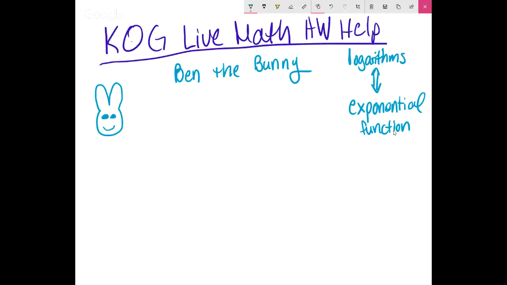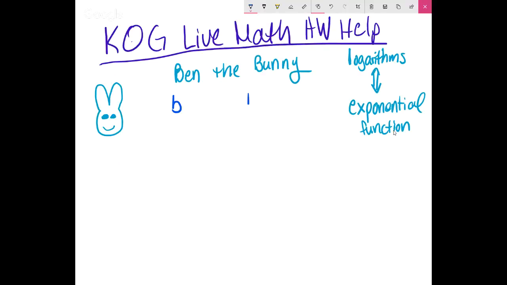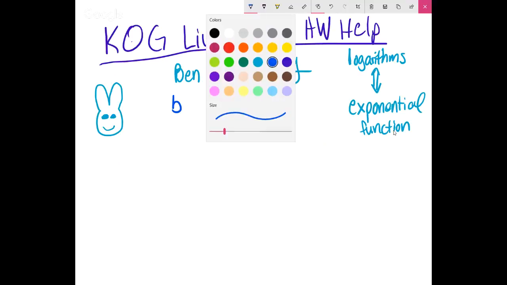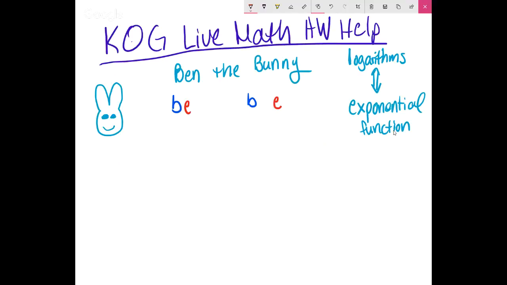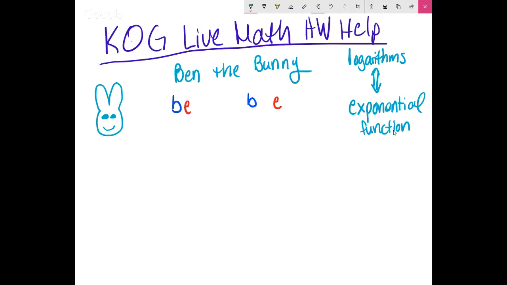So we're going to use Ben the Bunny. I'm going to write it out a different way. First, I'm going to use blue. So B is blue, E is red, and N is green. If you look at Ben, then the next word is B and E, or you can say Benny or Bunny.